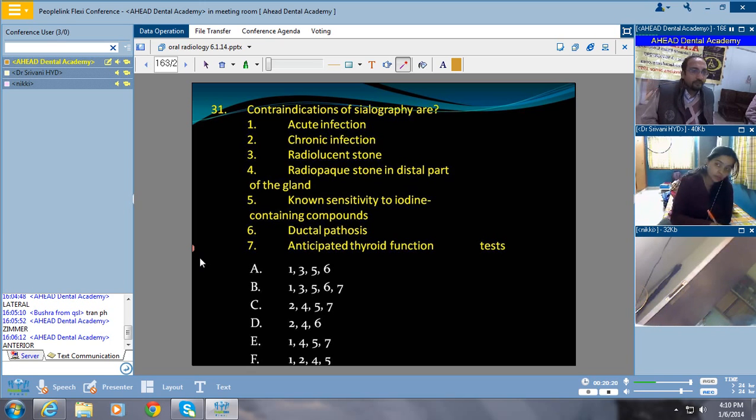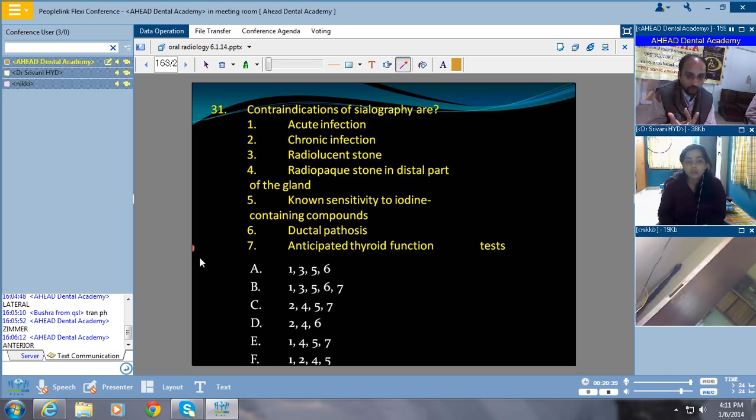What do we do in sialography? Have you looked at all the 7 choices now? We inject a contrast media, isn't it? And which contrast media do we inject? Iodine-containing. So if a patient is allergic to iodine, can we do it?